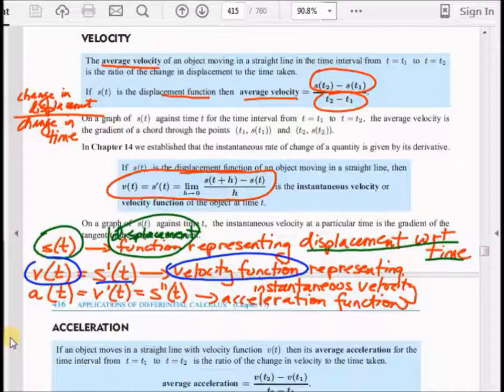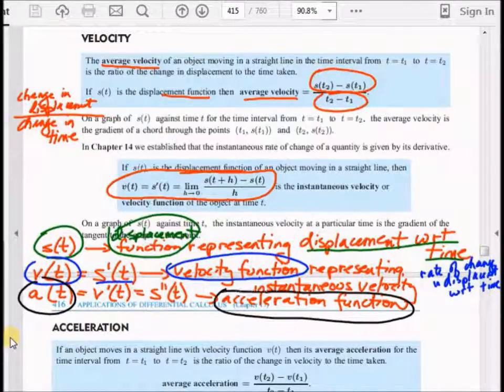In other words, we're talking about the rate of change in displacement with respect to time. And thirdly, the acceleration function is the derivative of the velocity function, or the second derivative of the displacement function. This is the rate of change of velocity with respect to time.